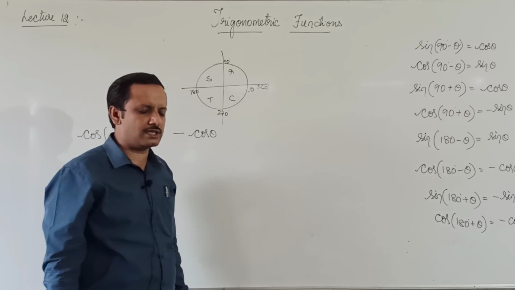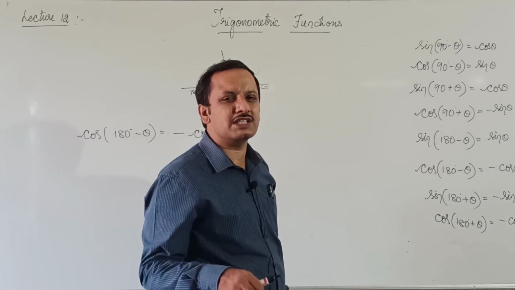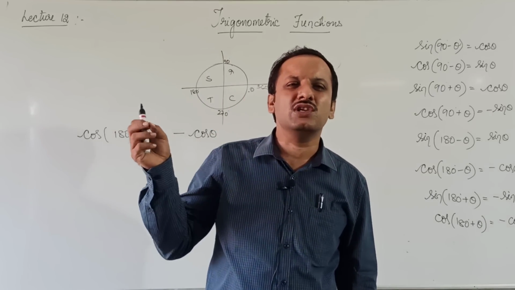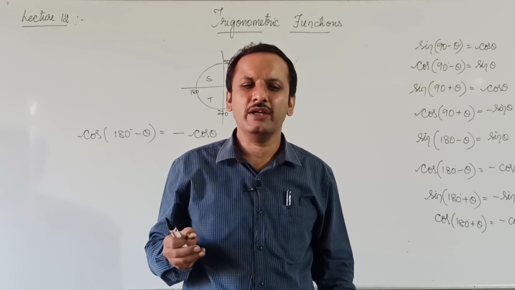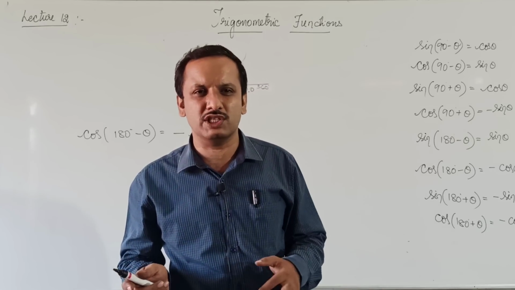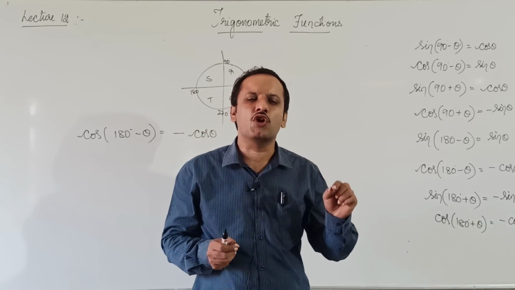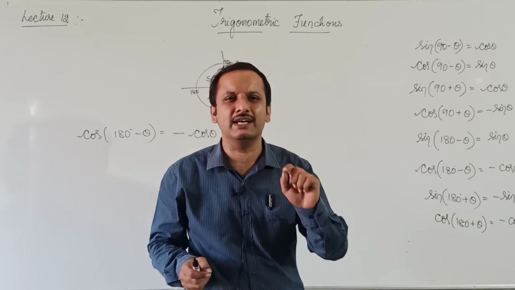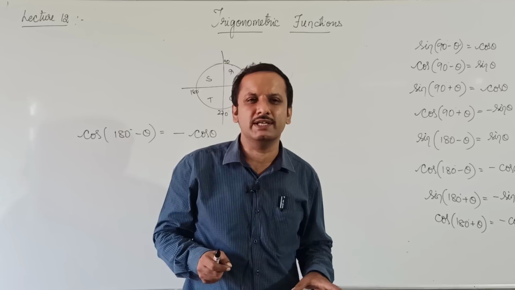What is a co-function? For sine, the co-function is cos, because cos is actually the short form of cosine. Sine and cos are co-functions of each other. Sine theta and cosine theta are co-functions of each other.